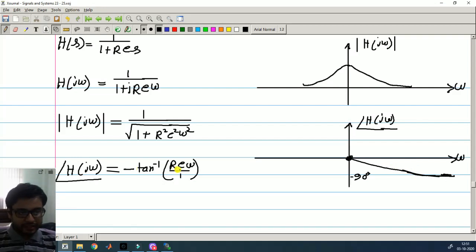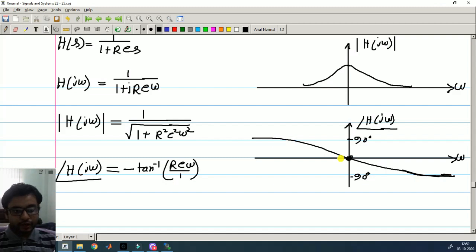And in the other half, when ω is negative, it will increase like this and go to plus 90 degrees, because at ω minus infinity, this will be minus 90 and then the minus sign, so it will become plus 90 degrees.